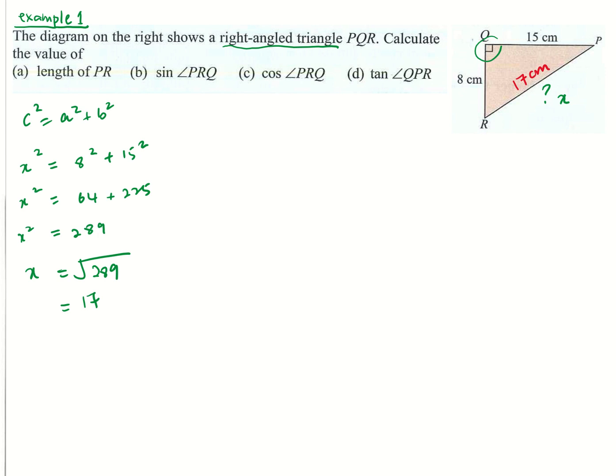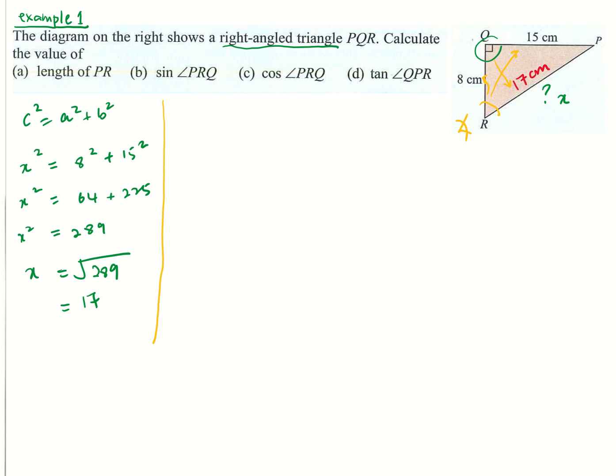Okay, next, question B. The question asks you to find sine PRQ. PRQ means that this is the angle and this is your eyes. Identify all the properties of trigonometry, which are the hypotenuse, adjacent and opposite. So this is the opposite of R, this is the hypotenuse and this is the adjacent.